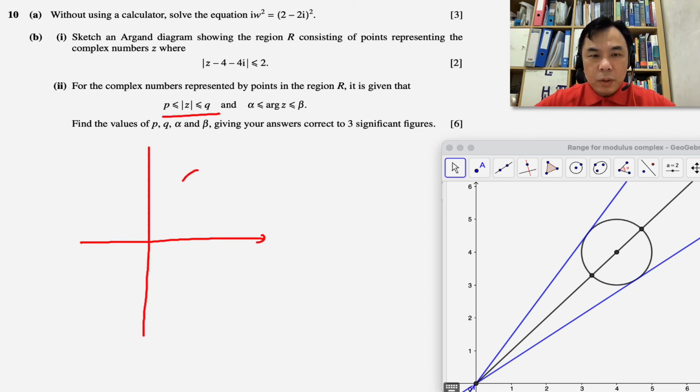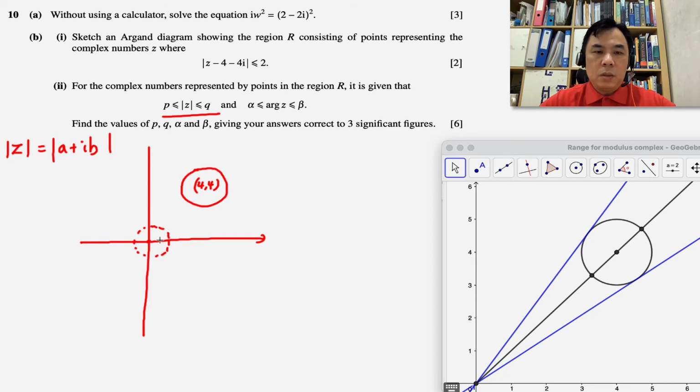So we have our circle here centered at 4, 4. Now for the complex number z, it actually represents a circle. You can visualize it as a circle with a specific radius. Take for instance, this could be the radius, or this could be the radius, or it could be somewhere here.